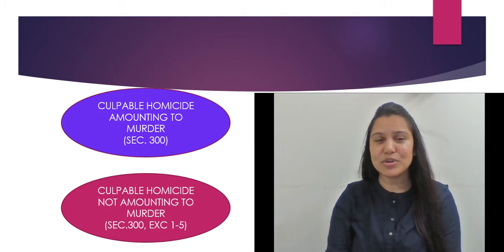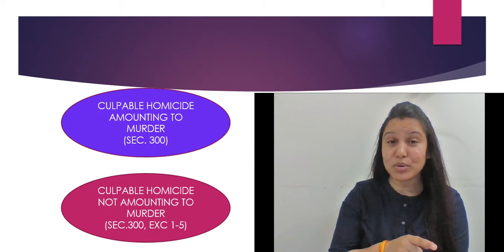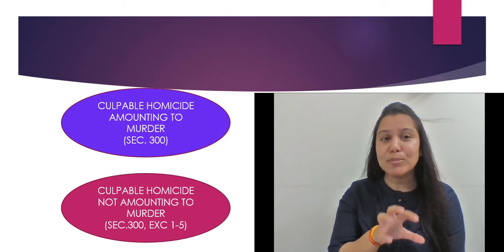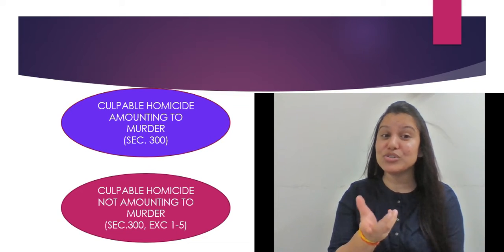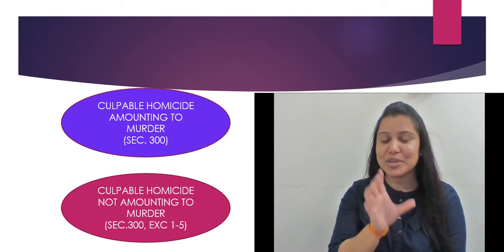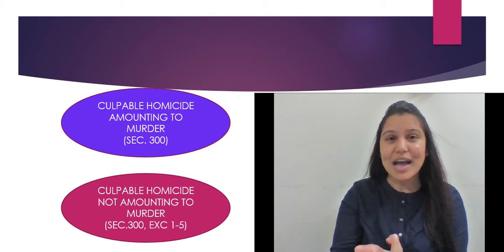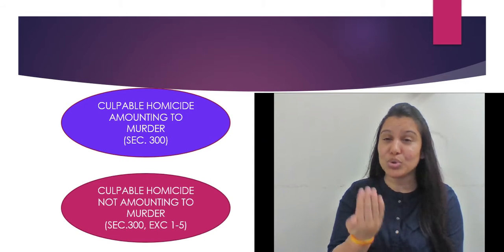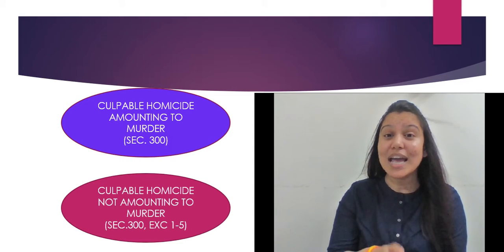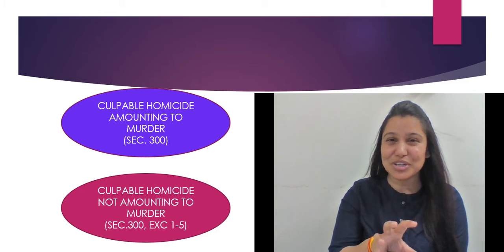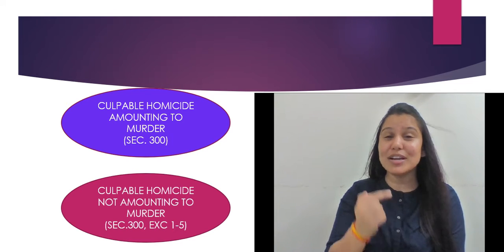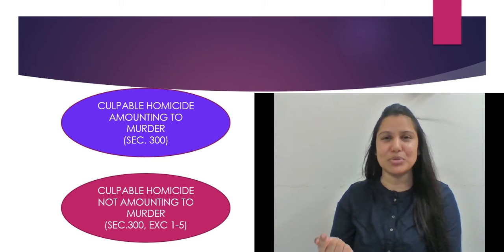So here, as you can see on your screen, we have discussed in part 1 also. So let me just tell it to you. Here it is, culpable homicide amounting to murder, that is section 300, which we will read as murder, right? So in short, we call it murder, and we will see culpable homicide not amounting to murder, that is mentioned under section 300, but the explanations from 1 to 5, those are culpable homicide not amounting to murder.